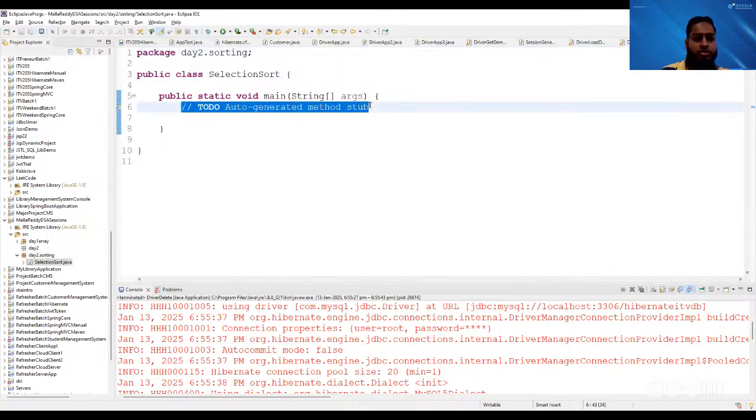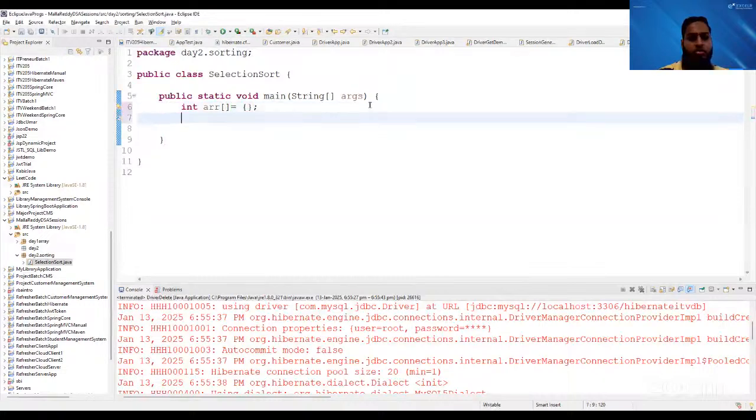So let's take the array. Who can help me with the numbers of the array? 6, 7, 2, 5, 3. Now I'll call a function called selectionSort, and I'll pass this array to it.